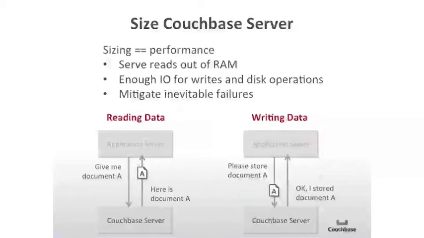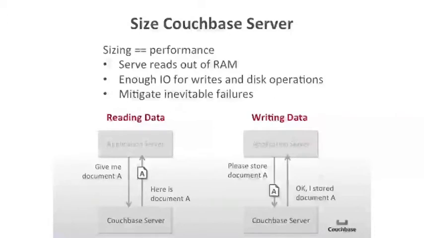So the major points that you want to size for are to make sure the majority of, if not all, of your reads are coming out of RAM, and that you have enough I/O, be it disk and network, to serve your writes, and then mitigating the inevitable failure, and we'll talk about that in a little bit.